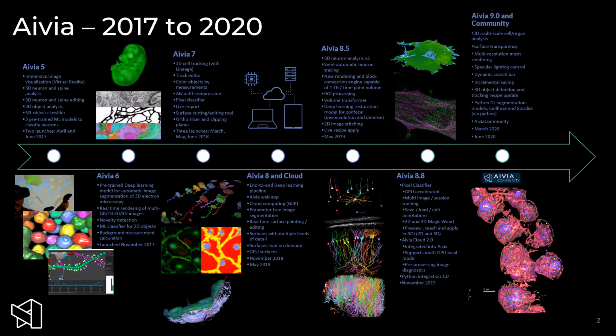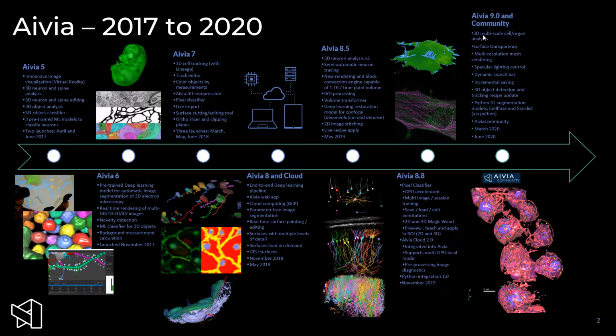We launched the first version of Aivia back in April 2017, and since then we've been launching 2 or 3 major releases per year, culminating in the latest release, which is Aivia 9, which includes multi-scale image analysis. We added also surface transparency, multi-resolution mesh rendering, specular light control, dynamic search bar, which is really fun to use, and a variety of other functionality.